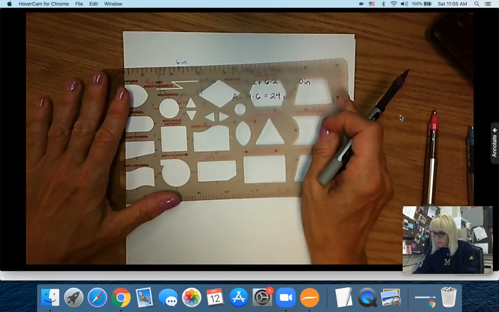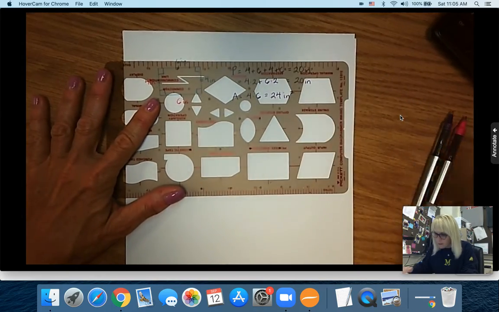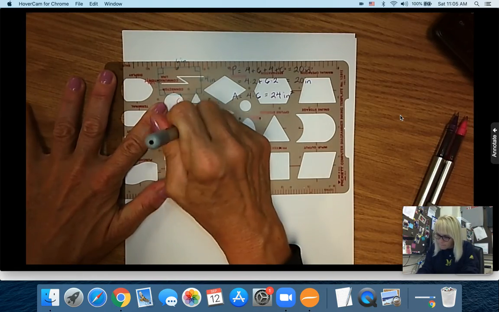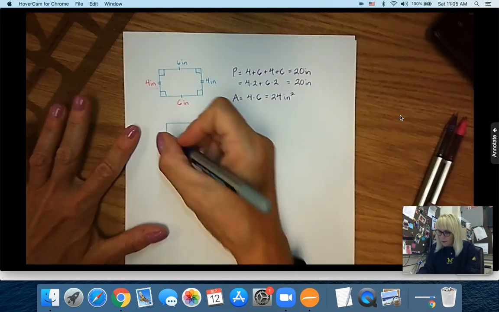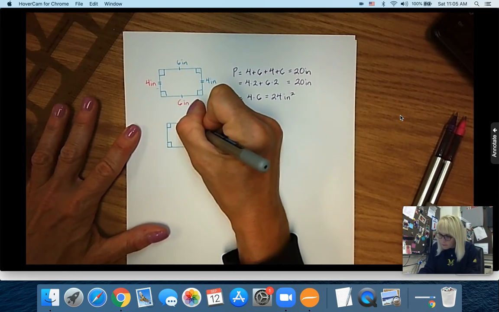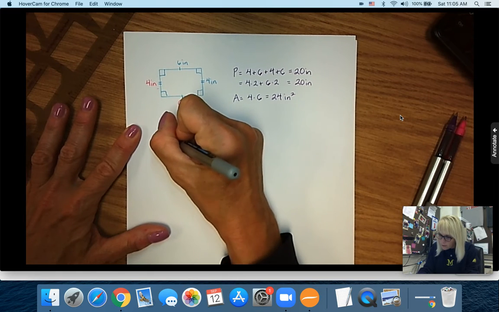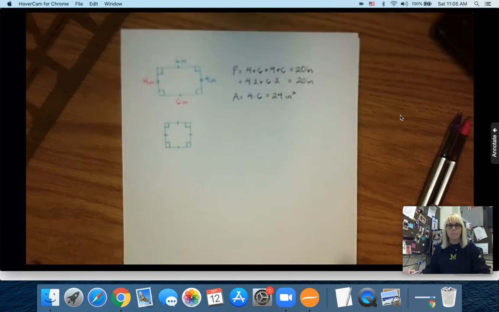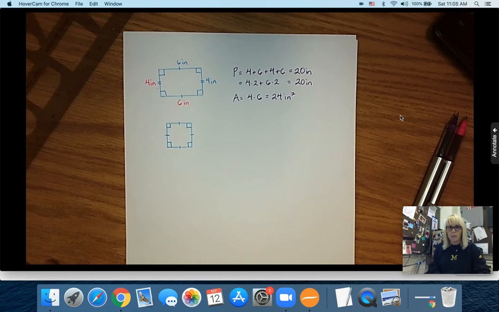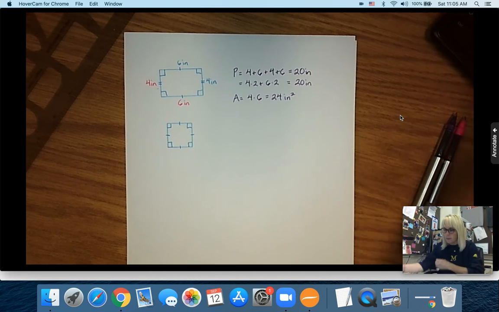Let us move on to a square. So a square, again, has the 4 right angles, and all 4 sides on this quadrilateral are the same, as is pointed out by the congruence marks.